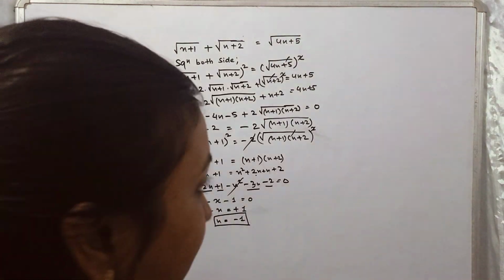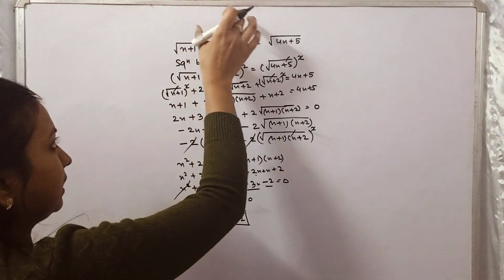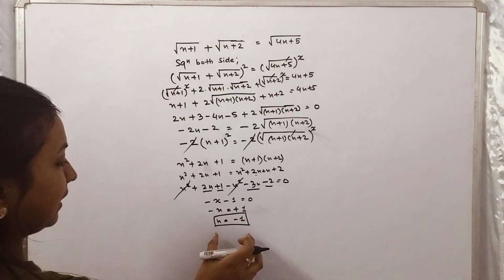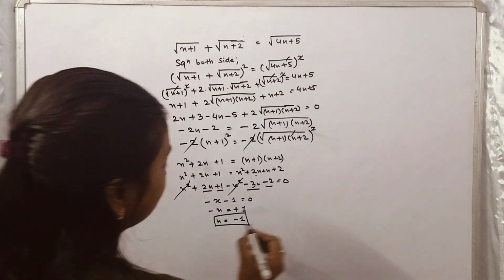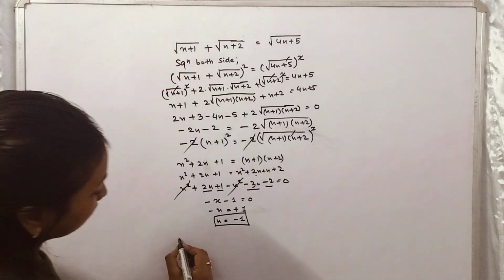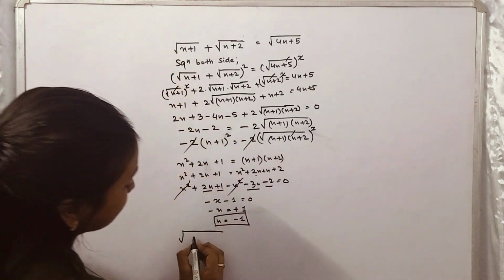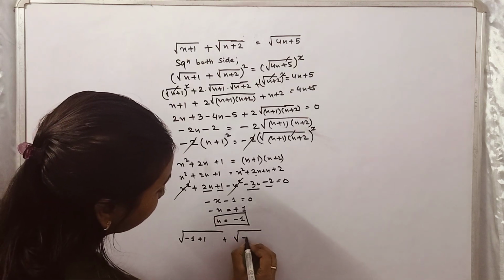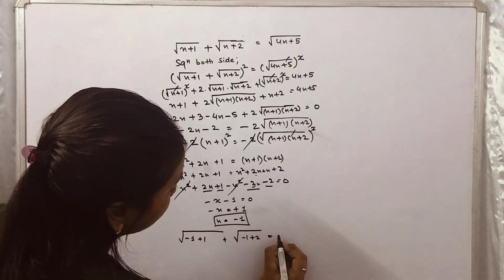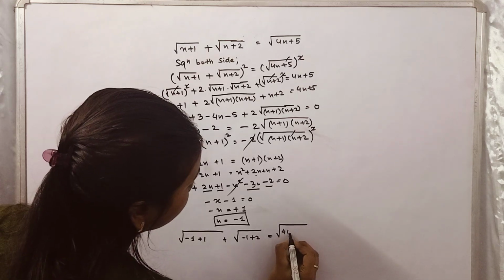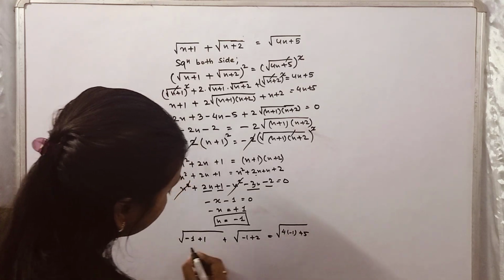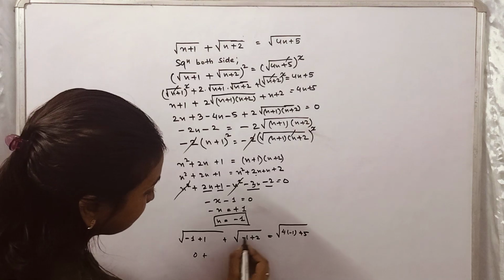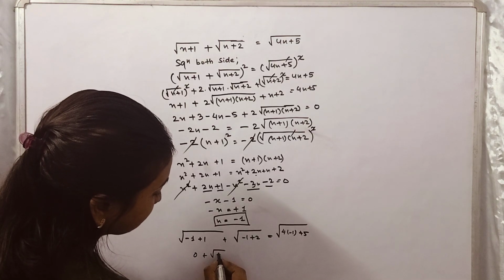If you want to check, then you can also go here and use this x equals minus 1 in this equation. See here, root under minus 1 plus 1, plus root under minus 1 plus 2, equals root under 4 times minus 1 plus 5. See, this is 0 plus here this is 1.